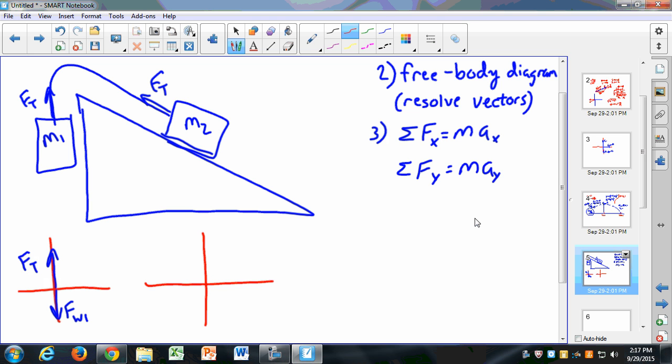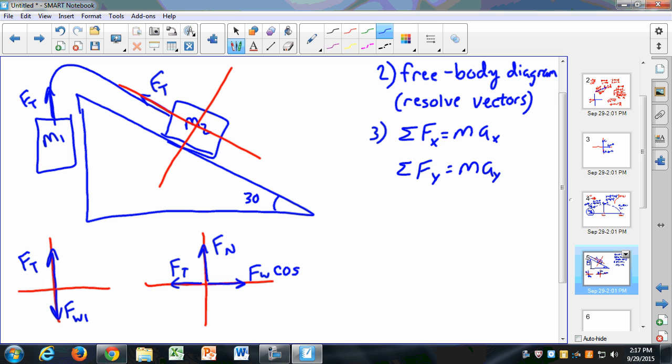On the second one, I can go ahead and label my forces. I have my normal force, and I'm doing my coordinate system, of course, like this. I have my normal force, which is parallel. I have my tension, and I have my weight. I have FW, let's say this is 30.